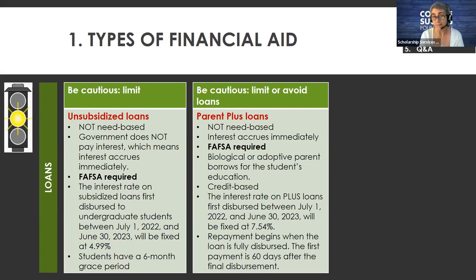It is credit-based. So that means that this is not a guaranteed type of funding, unlike all the other aid that I have mentioned, where as long as the student qualifies, they can get it. This one is credit-based. So it's very possible that the family applies, and if the family doesn't have any credit history or doesn't have a favorable credit score, they will be denied.